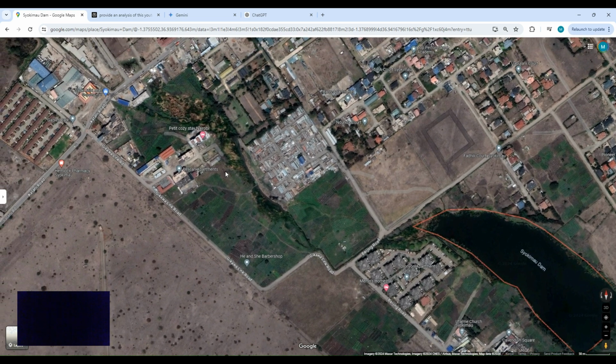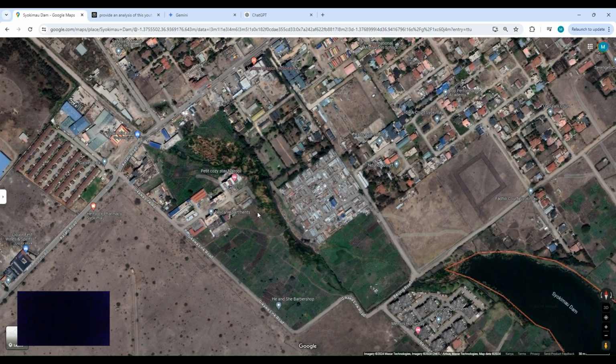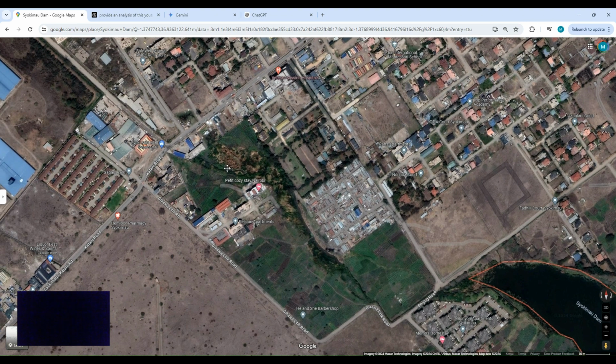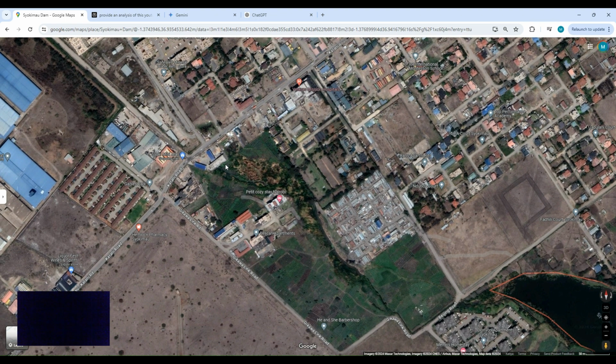So you can see how the water moves, right? The water basically comes and there is a building here, right? There's a building here that literally is on the waterway. And this area seems to be a little bit of a swampy area, and you can tell that by the greenness of the area.